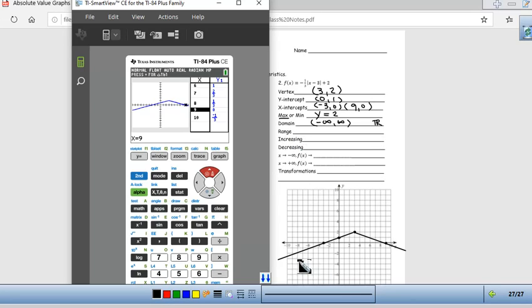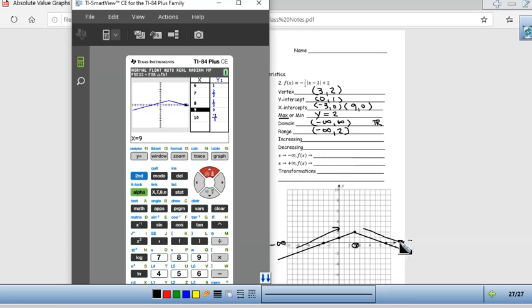The range, what is the lowest y value this graph goes to, and what's the highest? The lowest is -infinity, the highest y value is 2, and that side gets a bracket. Increasing versus decreasing. This graph is increasing on the left side, between -infinity and 3.